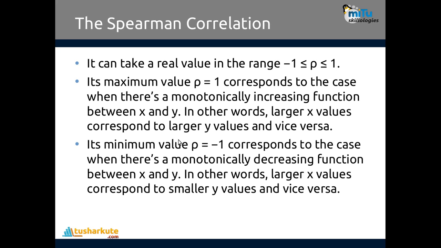Okay, exactly 1, they are increasing. In other words, large x values correspond to larger y values and vice versa. Okay, the minimum value rho equal to -1 corresponds to the case where there is a monotonically decreasing function present in x and y. In other words, larger x values correspond to smaller y values and vice versa. This is what perfect Spearman correlation is.